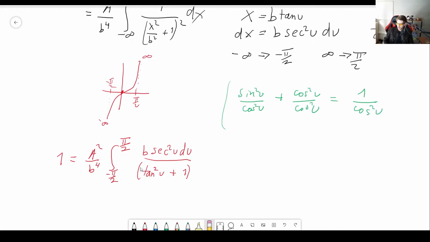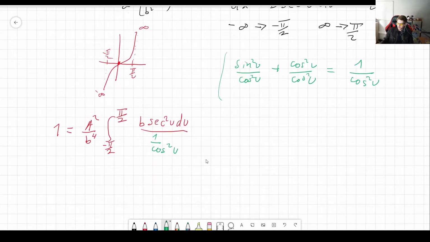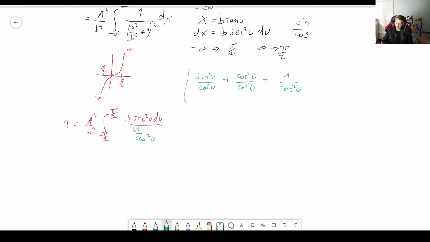So basically, this thing right here is simply 1 over cosine squared of u. And this, of course, is squared because it was already squared from before, right? This right there.